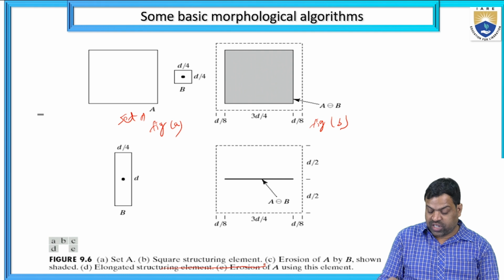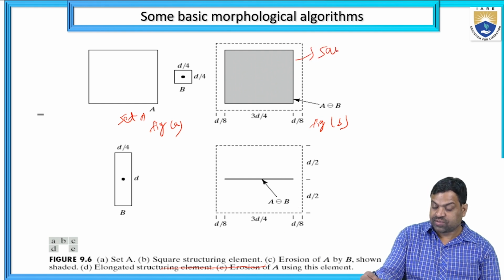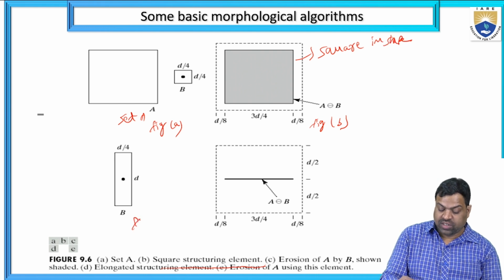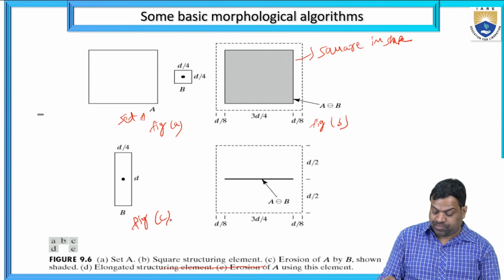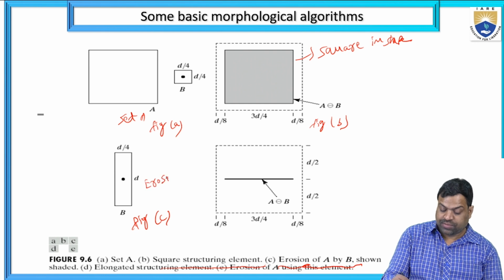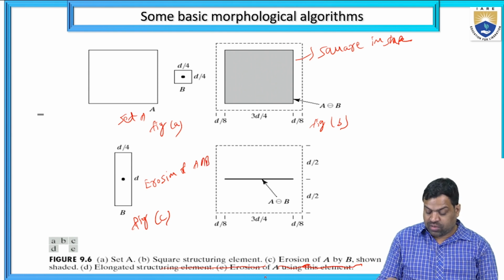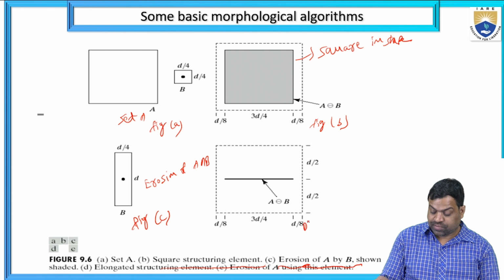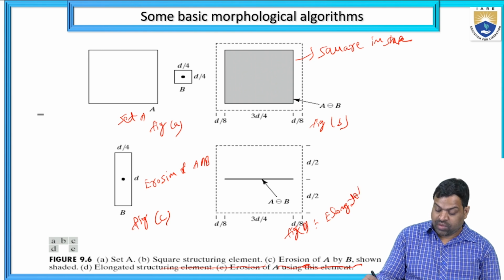Here a square structuring element, and it is figure C. Figure C is the erosion of A by B. And figure D, an elongated structural element.